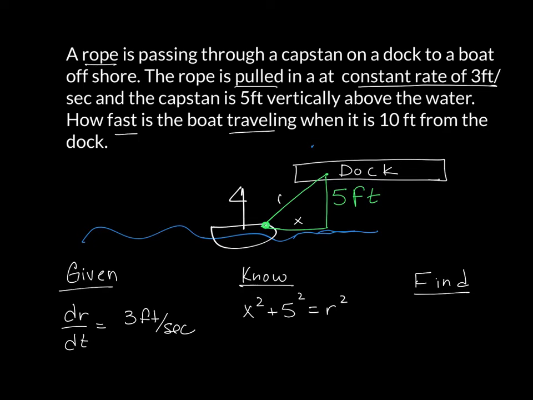So we want to find the rate of the boat, dx over dt, meaning how fast that boat is moving. And we want to know when it is 10 feet from the dock. So we want to find dx dt when x is 10 feet from the dock.